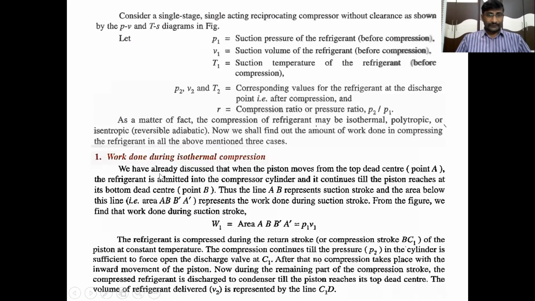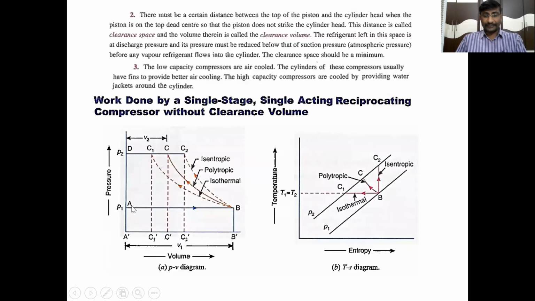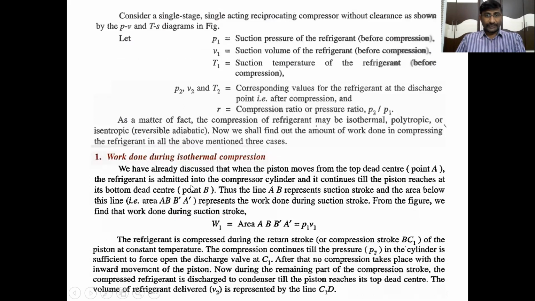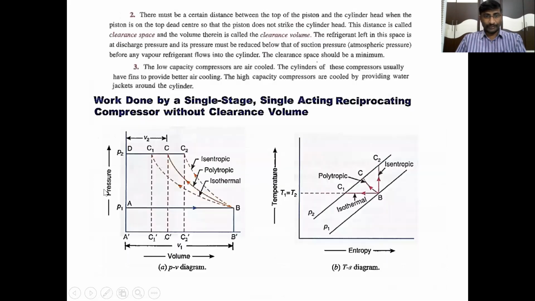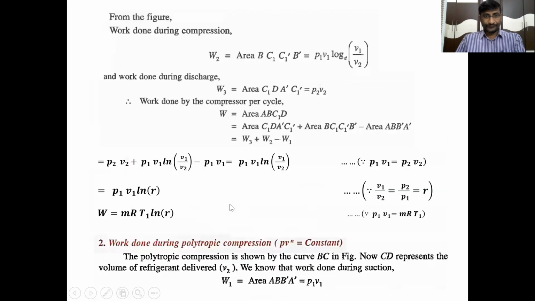For the isothermal process, we have already discussed that when the piston moves from the top dead center, which is A, the refrigerant is admitted into the compressor cylinder and it continues till the piston reaches the bottom dead center, which is point B. A to B is the suction stroke, top dead center to bottom dead center.